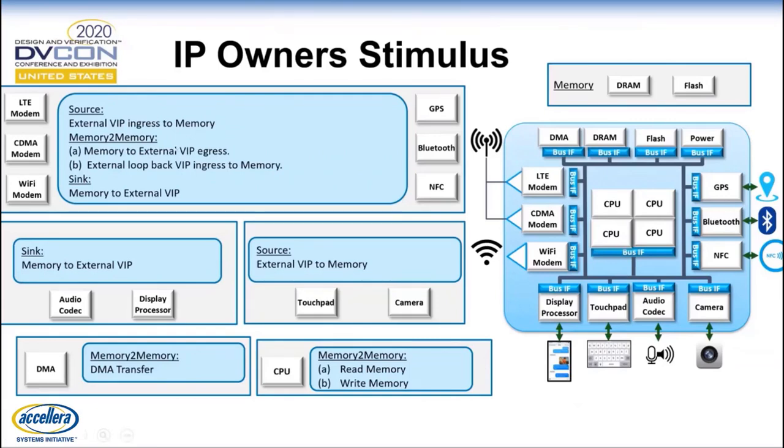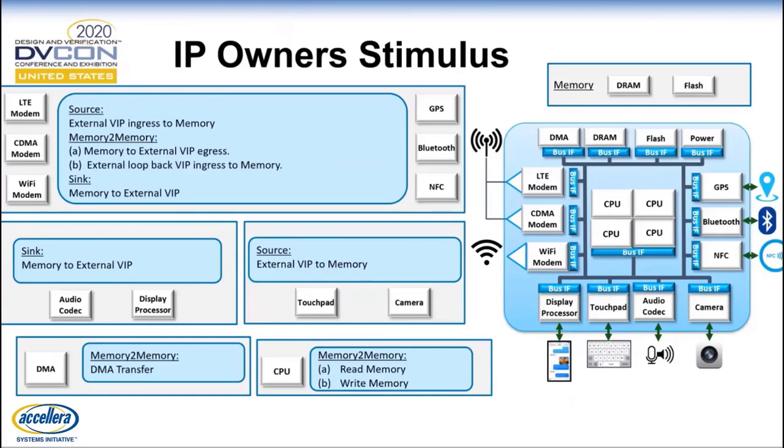And then you need actions that will go from the internal memory to the external VIP, doing a loop back with the external VIP back to memory. Those will be memory to memory actions. And then you have sync actions that will output the data to external VIP.